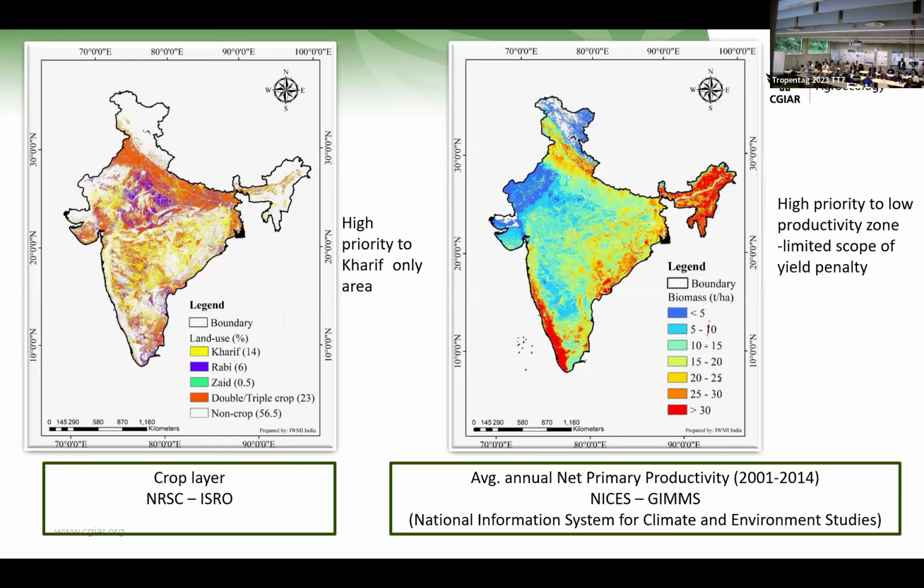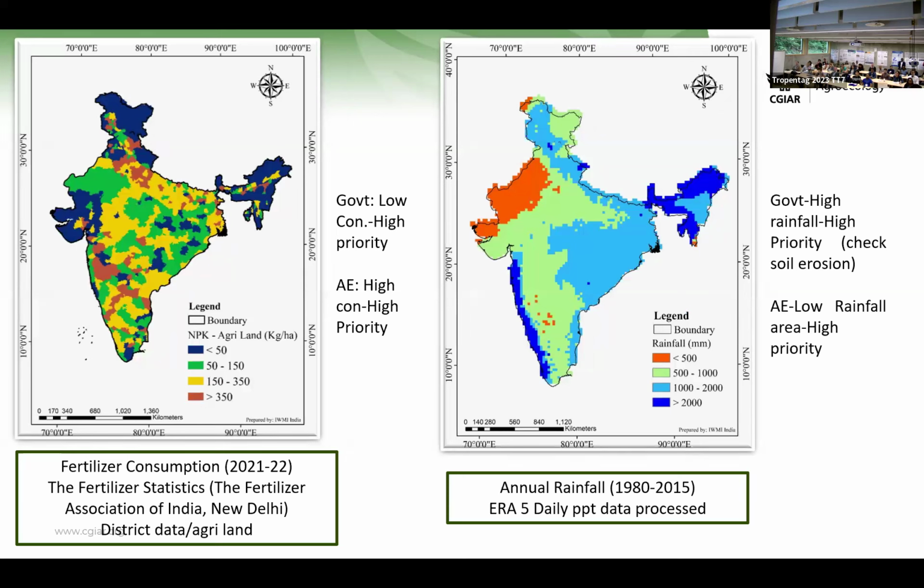And these are the dry land areas where the productivity is very less. And fertilizer consumption: we also want to see which areas NPK is consumed, and also rainfall, which areas receive higher rainfall and which areas receive lower rainfall.